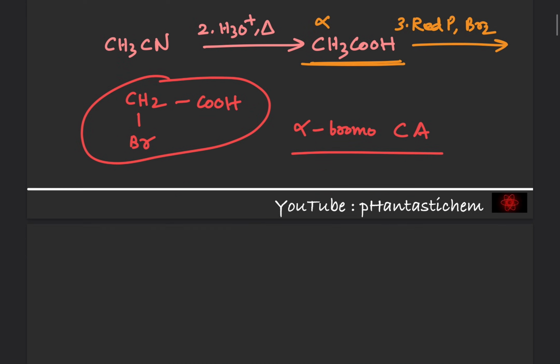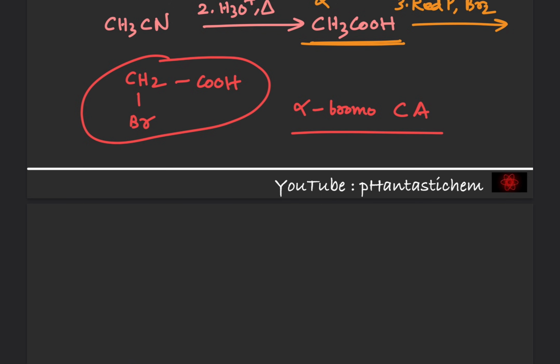Okay, and when alpha bromo carboxylic acids are heated with the fourth reagent, that is excess NH3, ammonia excess, we get alpha amino acids through an SN2 mechanism.